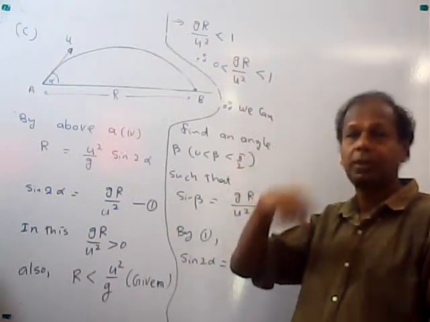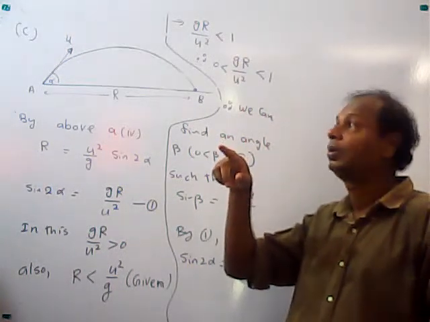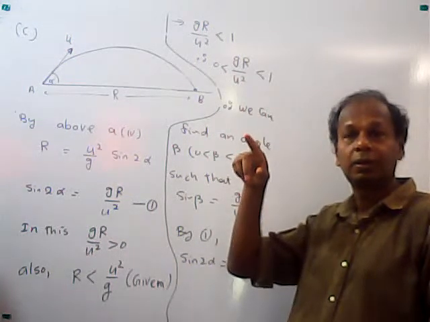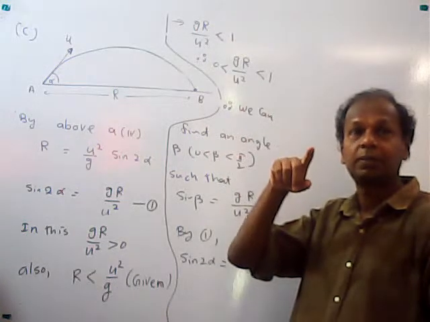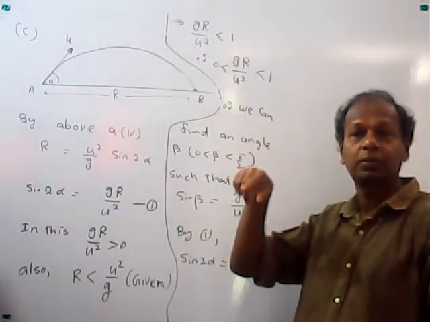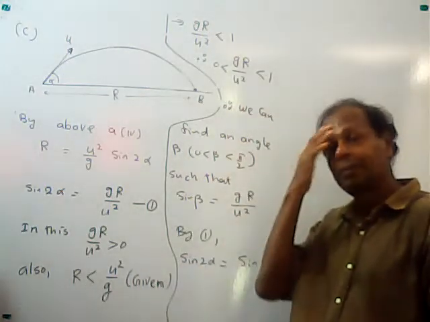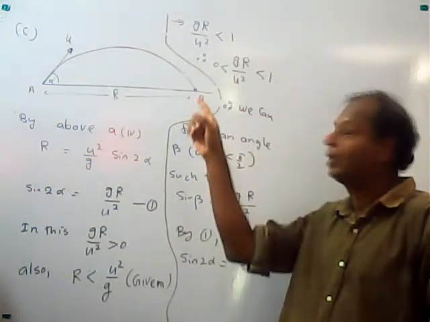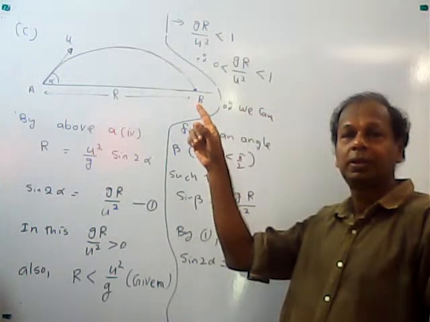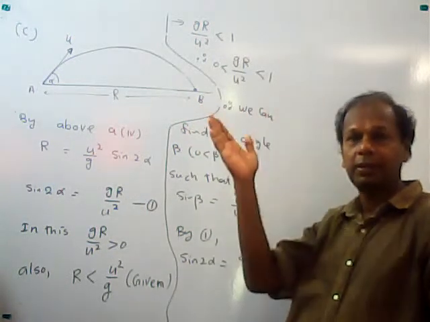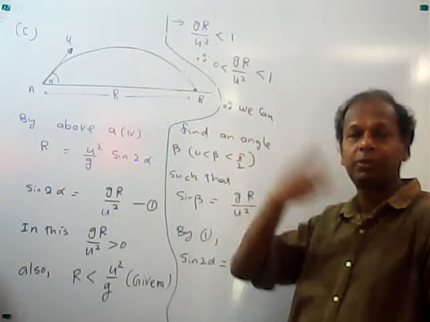Maybe minus 200 and minus 300. Infinite number of solutions if you try to solve it theoretically. But practically, this alpha cannot be outside 0 and 90. This alpha has to fall between 0 and 90.